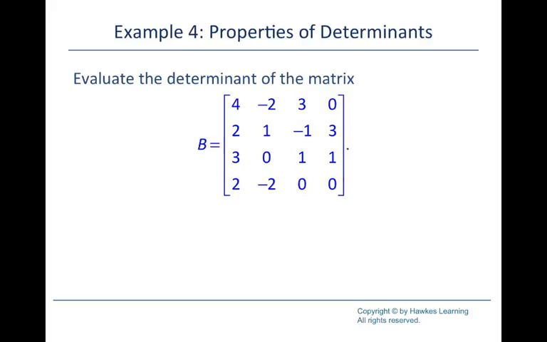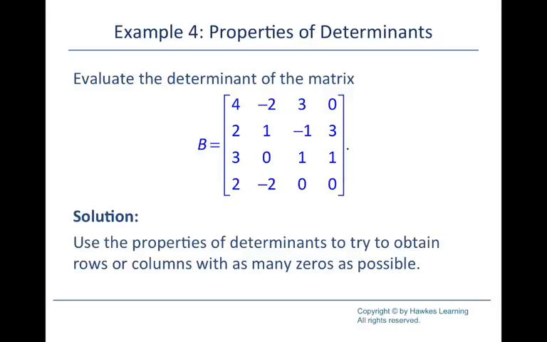You can do that. So here we've got a 4 by 4 matrix, so it's very large. We're going to use the properties of determinants to try to obtain rows or columns with as many zeros as possible. Okay.